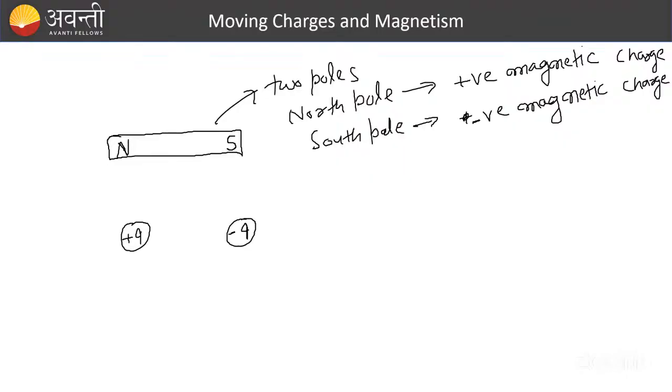ठीक है, and just like we studied electric field, right? We studied that if there is a positive charge, field lines will come out like this. We studied this thing, right? And if this is a negative charge, electric field lines will end at it.